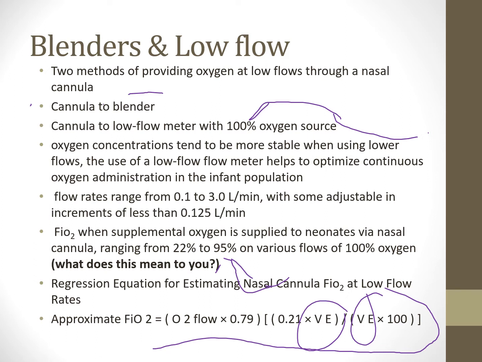If they're breathing less per minute, then their FiO2 will go up, right? If they're breathing more, then their FiO2 will go down, right? And so that's just showing you, hey, if this baby starts breathing really, really fast, they might desaturate. If they start slowing their breathing down, their sats might actually go way up, right? So that's just showing you that relationship.